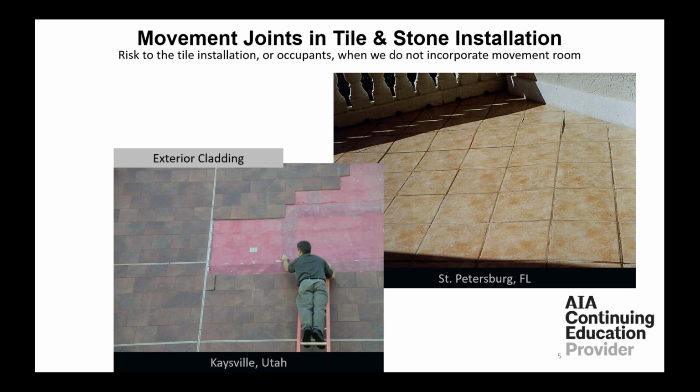That's pretty much it. On the left side, you see an improperly installed movement joint profile, which in turn caused a failure. You see the tile popping out on the right next to the movement joint. On the right, that tile's raised as well. It's St. Petersburg, Florida. Now, these are fairly not-so-bad climates.